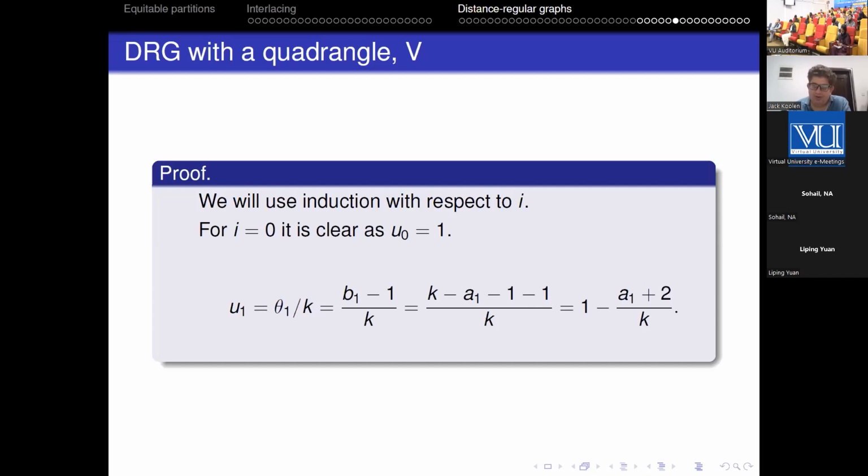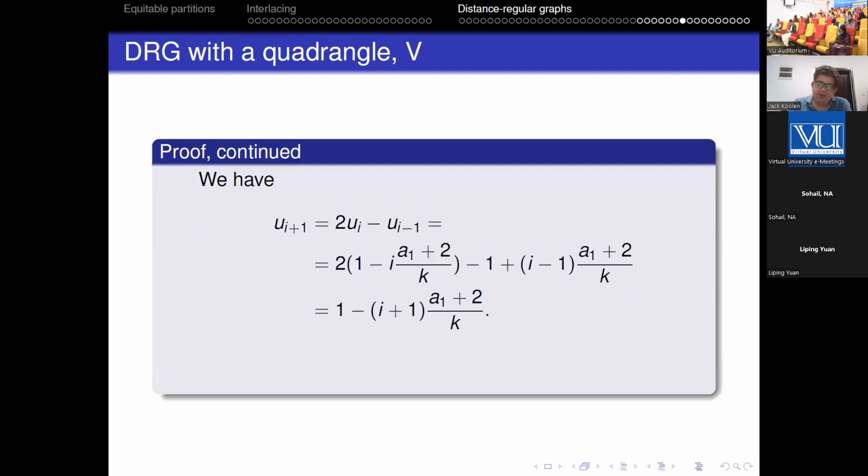So that is 1 minus (a1 plus 2) over k. And then you easily do your induction, and you get the right expression for u_{i+1}.